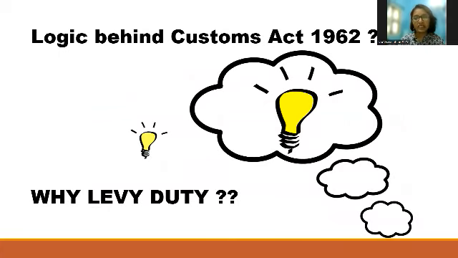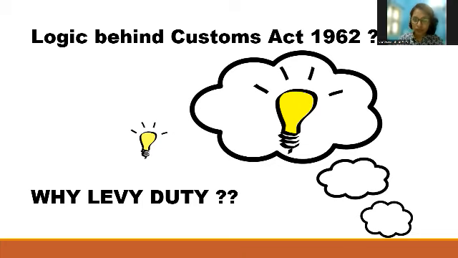Now, what is the logic behind Customs Act and why do we collect duty? We are manufacturing a product at maybe $10 in India, and post profit margin and taxes being added, it is available in the domestic market at $15. The same product is being manufactured in a country at a very lower rate, and it is available in India by way of import at maybe $9.